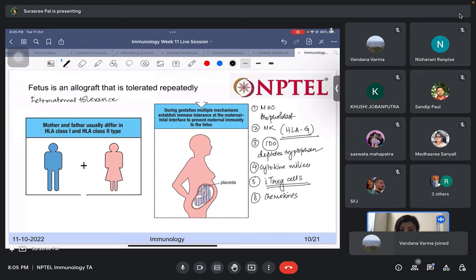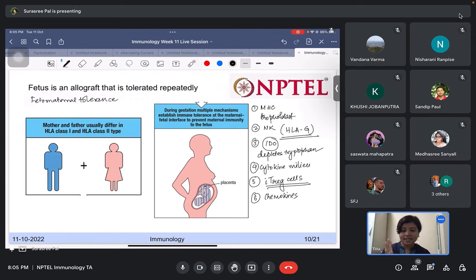The stromal cells of the maternal uterine tissue, which directly interface with the placenta, appear to repress the local expression of these T cell attracting chemokines, right? So the maternal uterine tissue does not express these T cell attracting chemokines, so that the T cells cannot be attracted to this fetus, right?